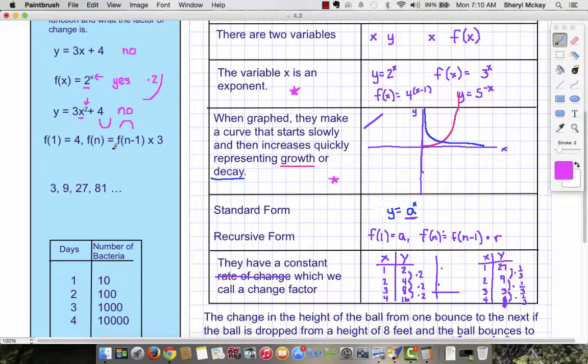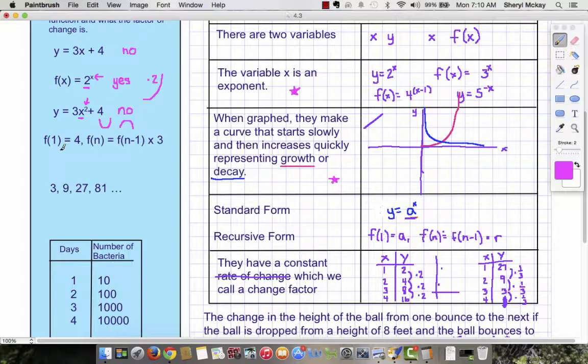Next one. f of 1 equals 4, and f of n equals f of n minus 1 times 3. Is this an exponential function? If so, what is the change factor? Well, if you are remembering your arithmetic sequences, you'll see that this is a recursive formula where we basically say that here's where we start.